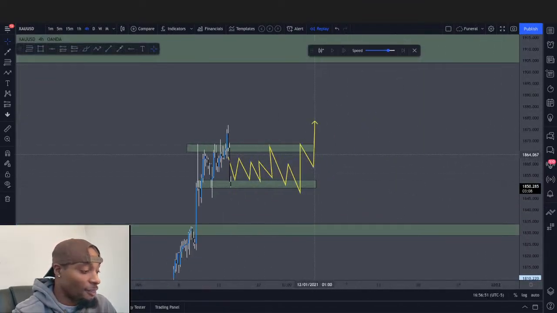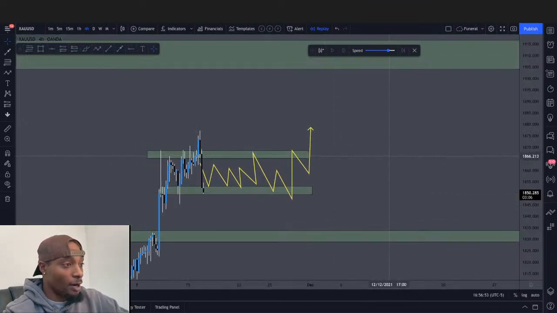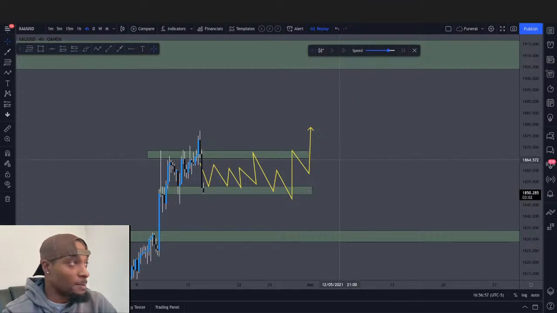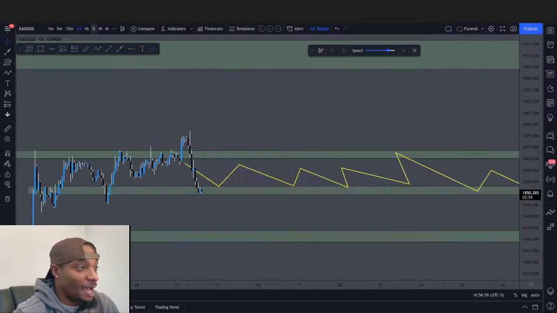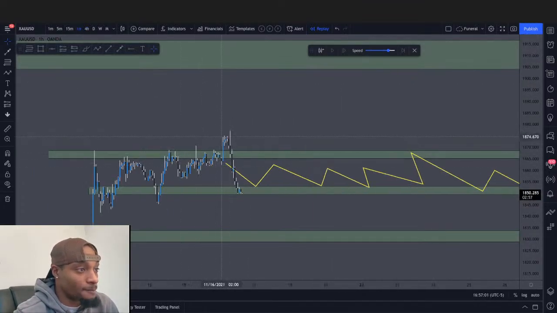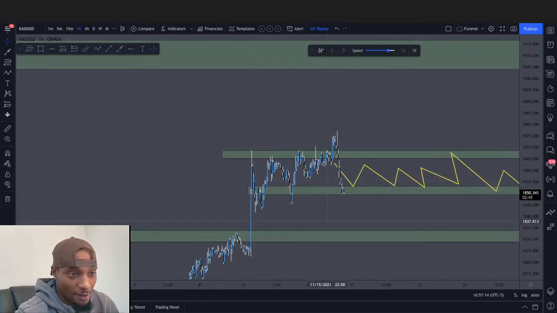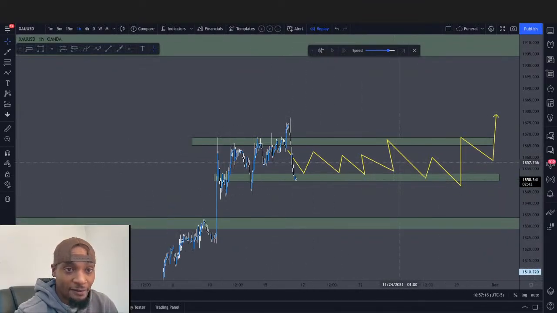So I think I did say that price was going to probably come back down to this downside, but it did that after it broke to the upside, and then immediately came back for a retest, failed to pause, failed to show any signs of bullishness, and then just crashed back down to this lower support level that I identified yesterday.